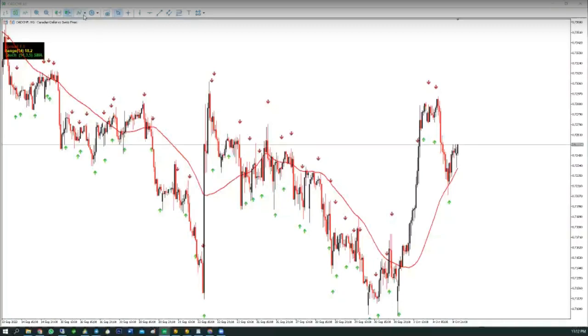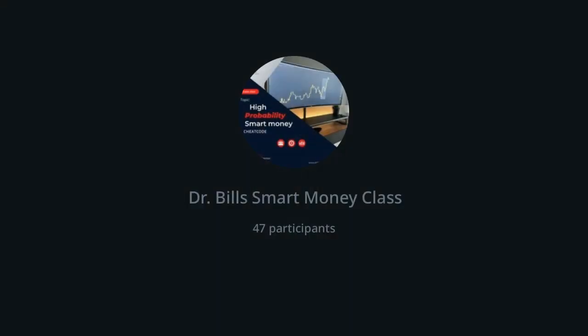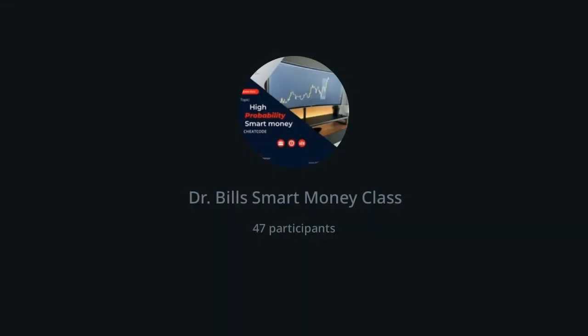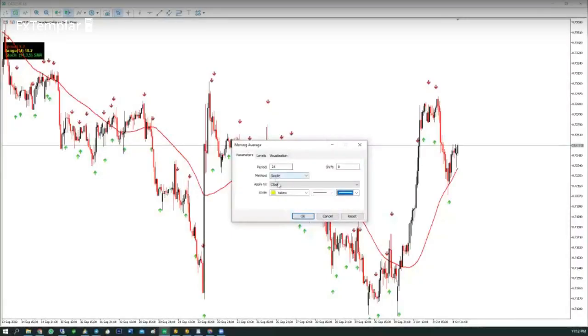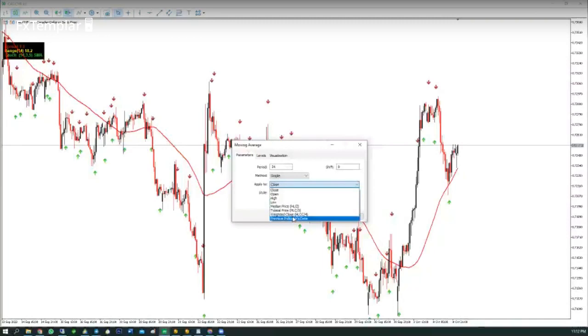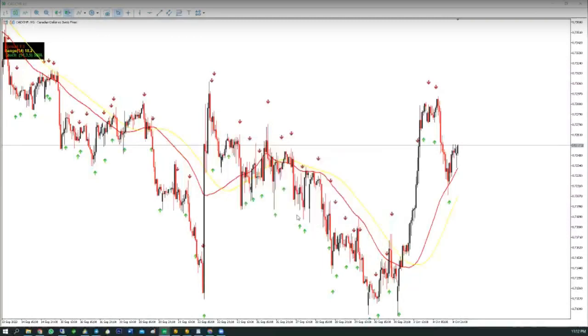Then we do the next one, moving average, period 24, color yellow. Then you apply it to the previous indicator's data, which is the moving average you just added. So that settles it.